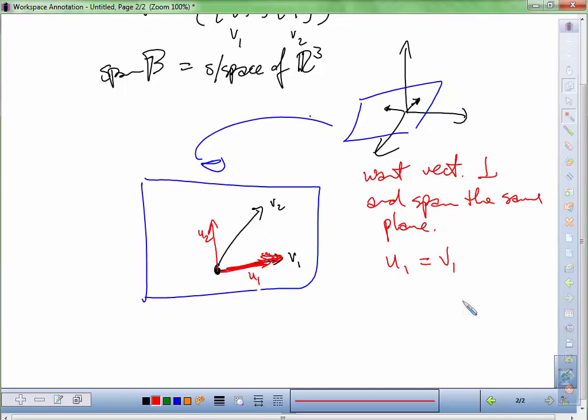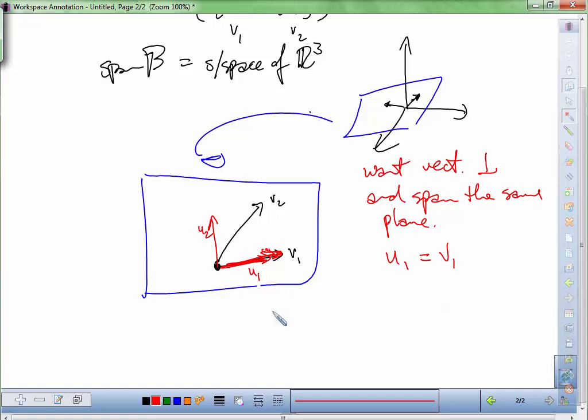So now here's where the tricky part comes in. I have u1. Let's take a look at what I have right now. I have u1, which was v1, right? And then I want u2 to be a vector that's perpendicular to u1.